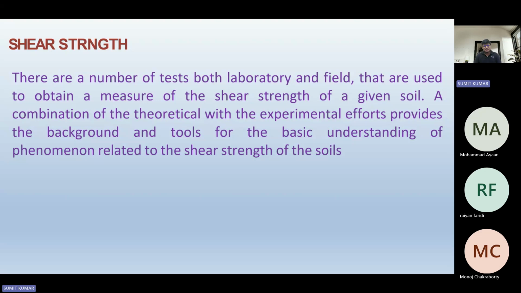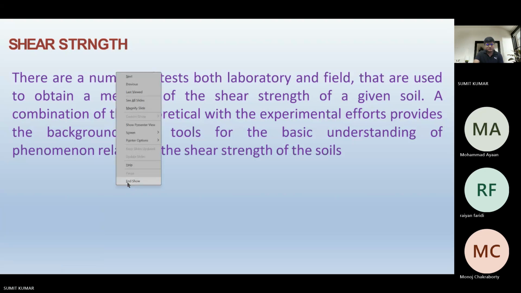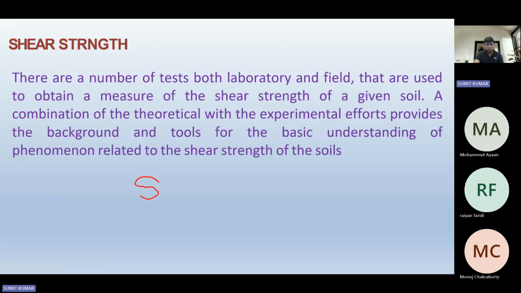And the test concepts become very important, because if you know the basic equation which you use to calculate the shear strength, S equals C plus sigma tan phi. Let me write. Shear strength is equal to cohesion plus sigma n, or sigma effective, sigma n dash, tan phi.